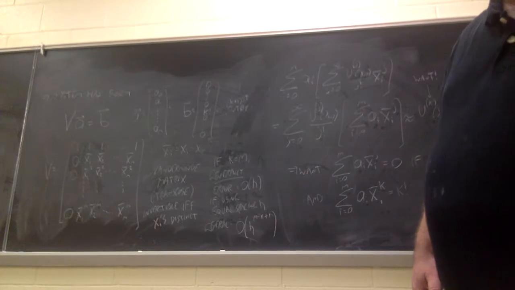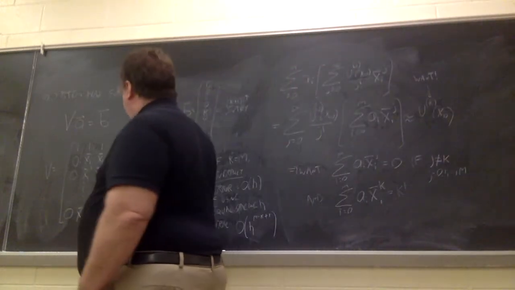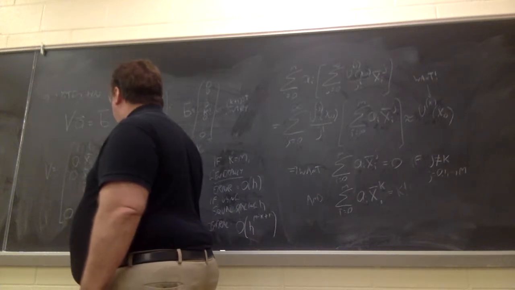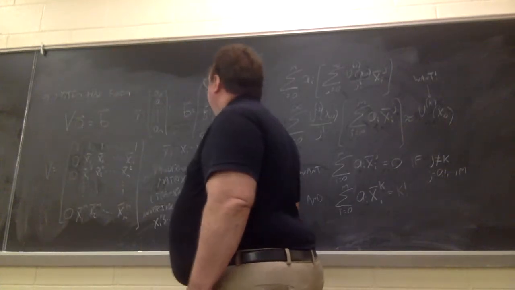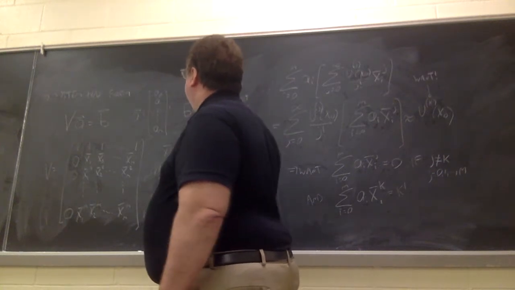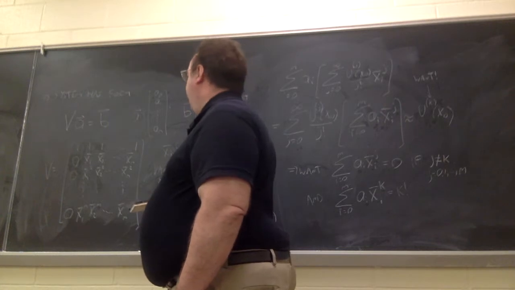Okay. Now, the thing is, since what we have here are powers of x values, another way of looking at this is, I can think of a0 to am as polynomial coefficients.